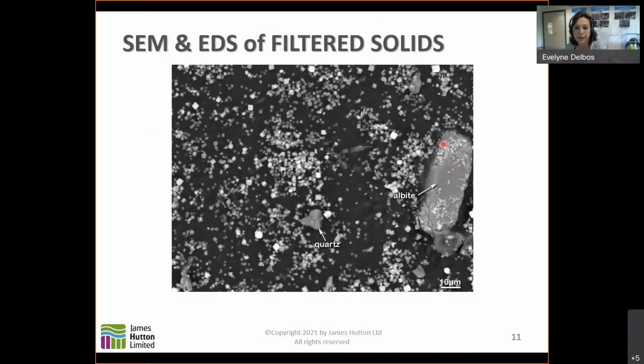And we can say that here, for instance, we've got a larger particle that we have potentially identified as a plagioclase feldspar called albite, and another particle here is probably a quartz.